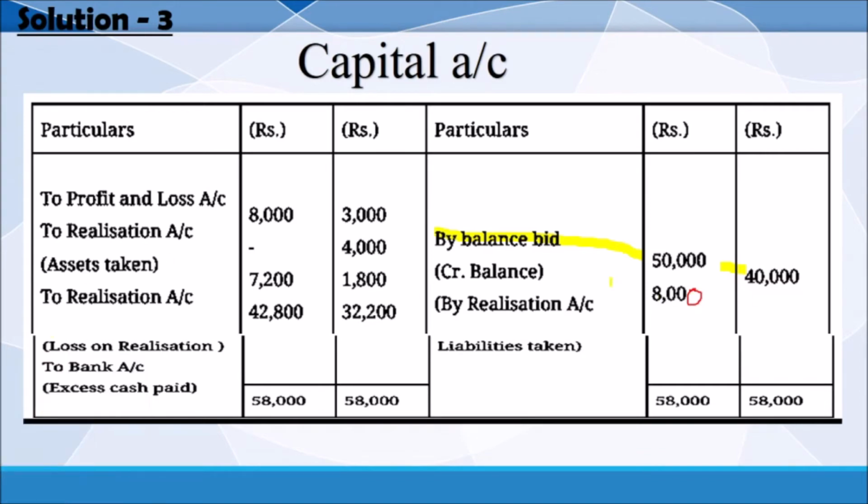It is transferred from the realization account, 8,000, and here the profit and loss appearing in the asset side will be shared, and realization of assets taken, stock taken over by partner, and to realization the loss, and the balance will be paid by bank. The balance will be paid by bank.